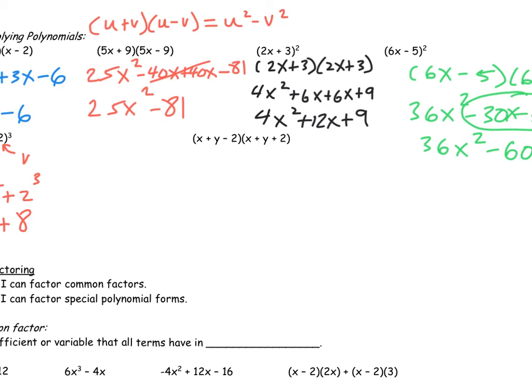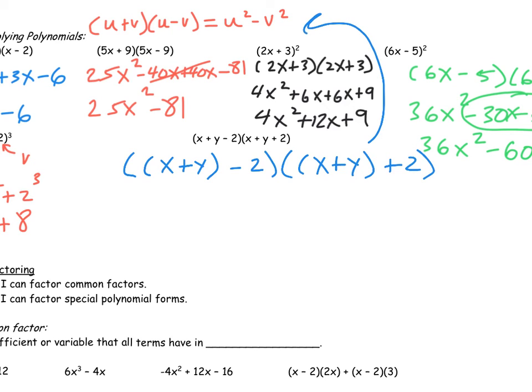What I want you to notice here is if I were to group these two terms together, this is where the special cases can really come in handy. If I were to say, okay, you have x plus y, think of that as a term together, minus 2, and then x plus y plus 2. I'm going back up to this rule right up here, and I'm thinking of this as u, and this is v, okay?